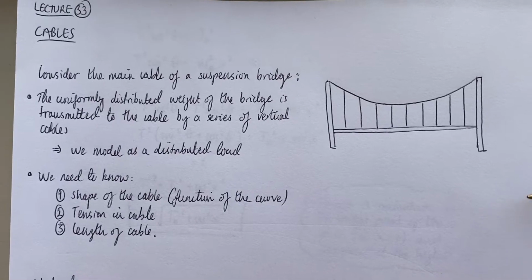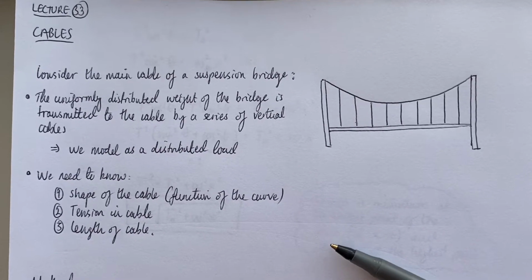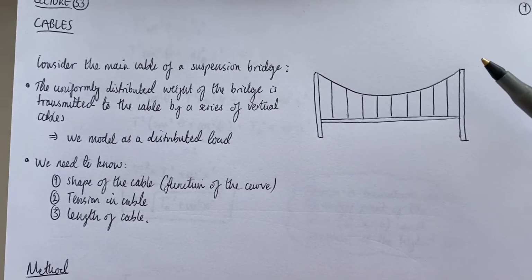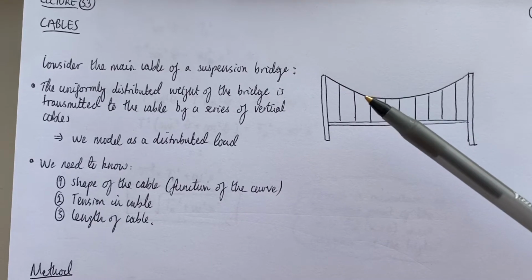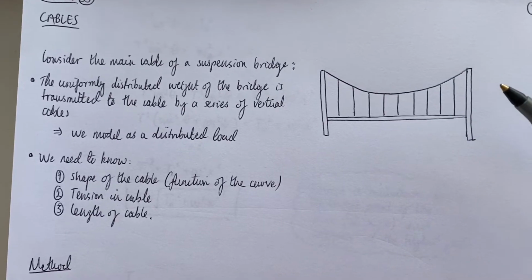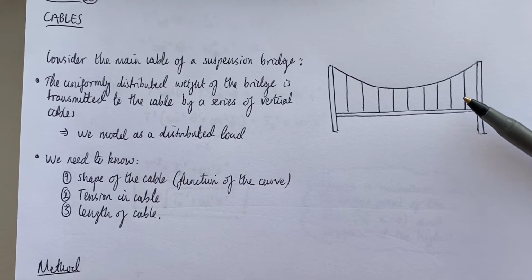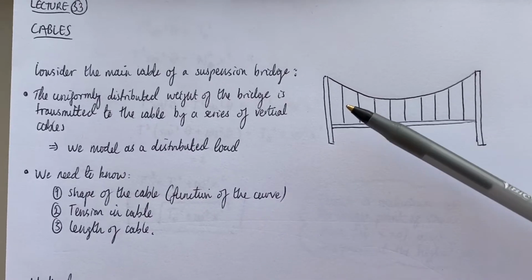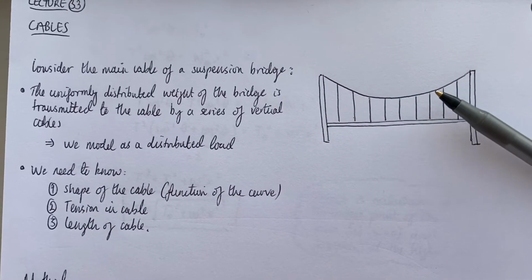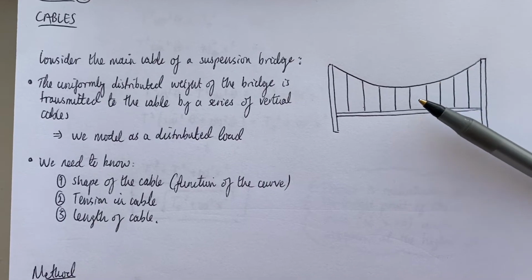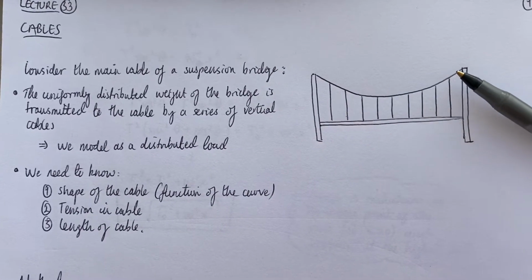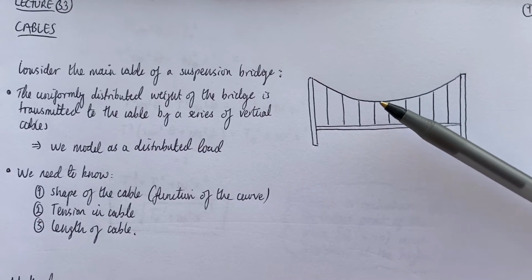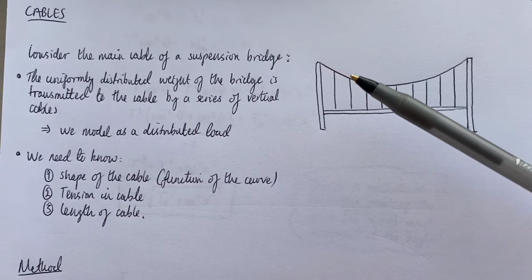And what we'd like to do is find out, for our analysis, the tension in this cable at any given point along it. So now we're assuming that the tension is not constant across the cable's length. First of all, we'd like to know the shape of the cable. So what's the function of this curve? Secondly, we'd like to find an equation for the tension in the cable so we can work out what that tension is at any point on the cable itself.